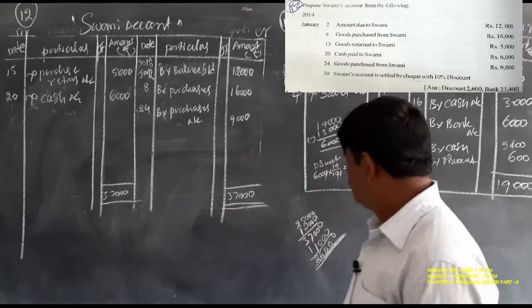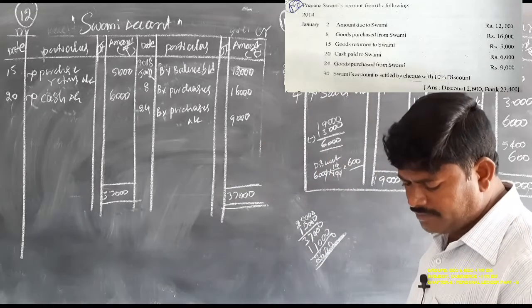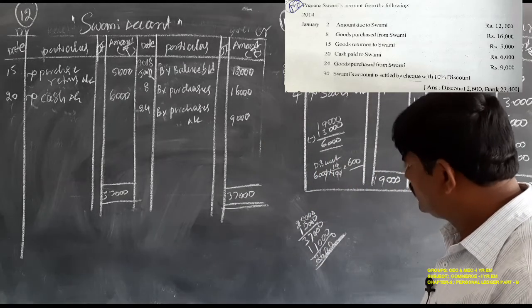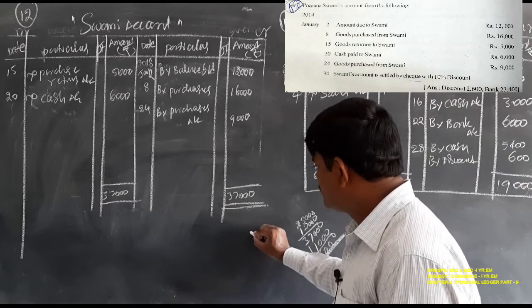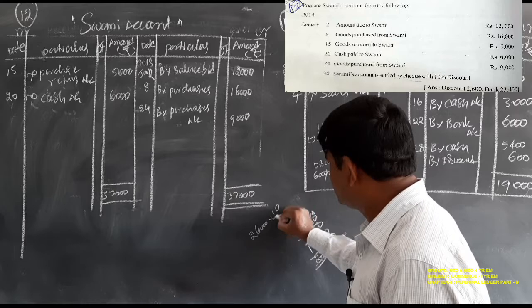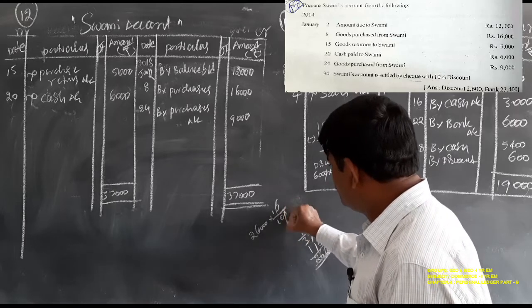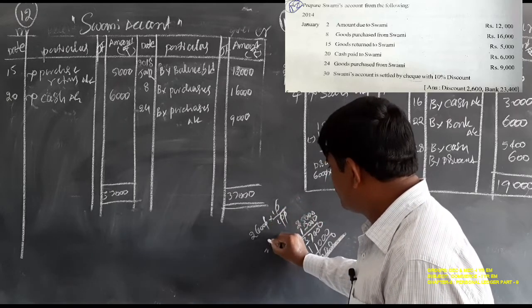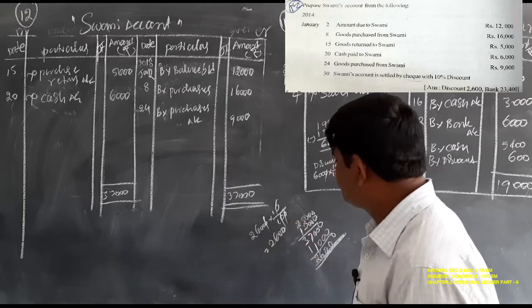So discount will be calculated on 26,000 rupees. 26,000 into 10%, 2,600 rupees discount.